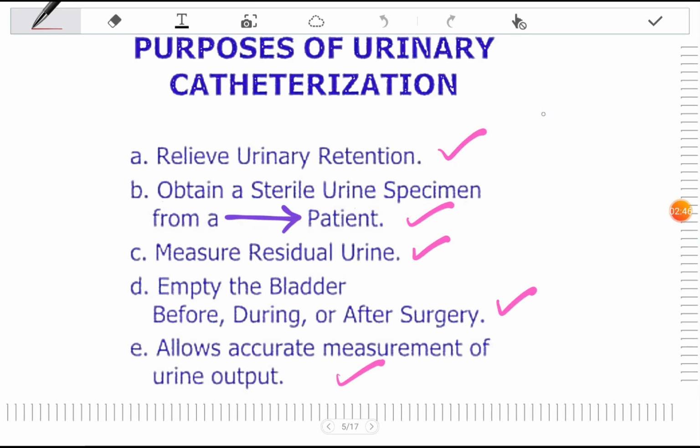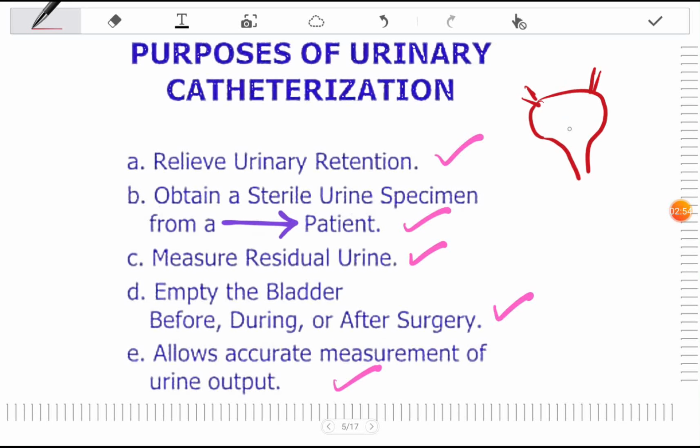Okay, so for example, this is a bladder right here, the urethra is coming here. Some amount of urine has to be there after urinating so that the bladder doesn't collapse. But in urinary retention, the residual volume is more than the normal one.